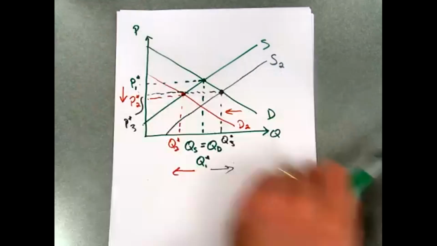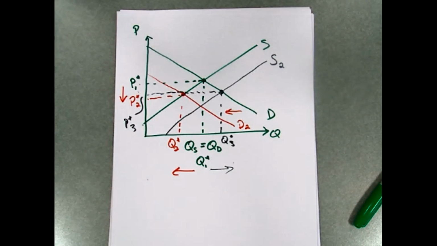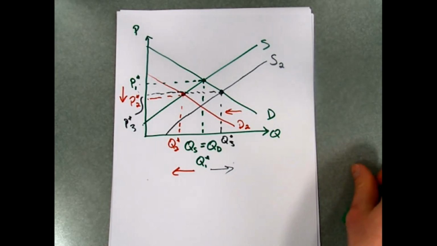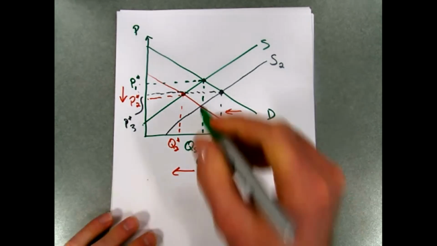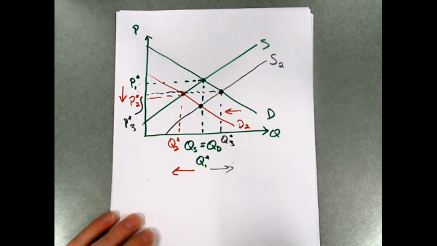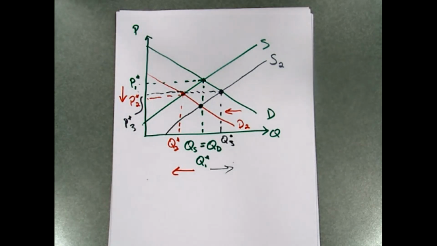Okay. Now, if we have these shifts going on simultaneously, it depends on how I draw them. I tried to draw this pretty close, but if I saw both of these things happen at the same time, where would my new equilibrium point be? Where my new supply and my new demand curve intersect.